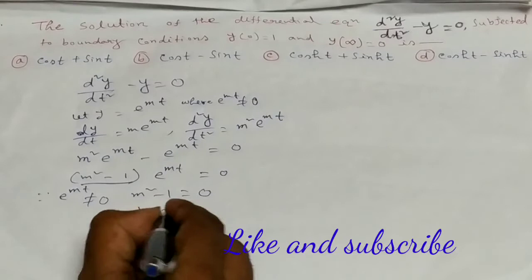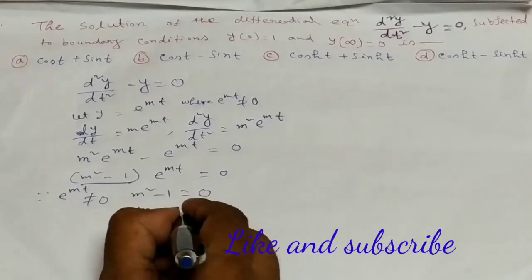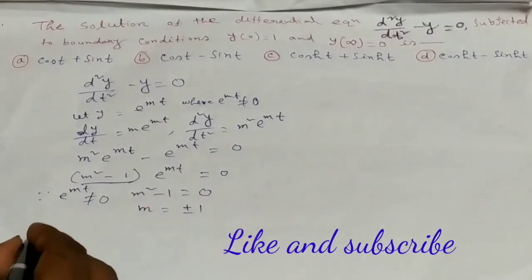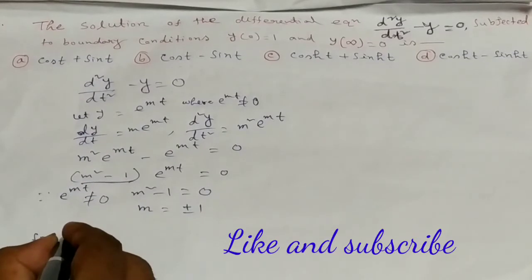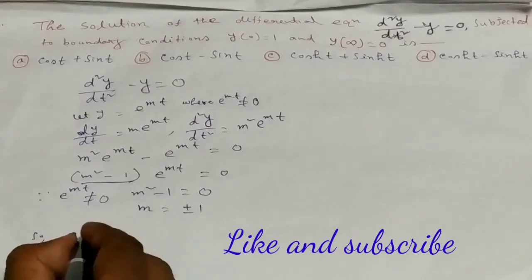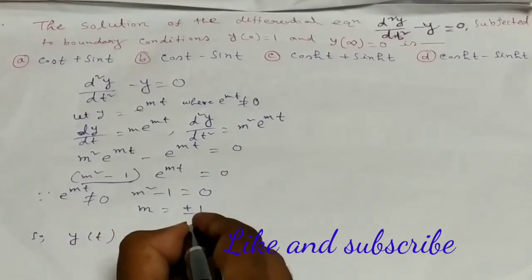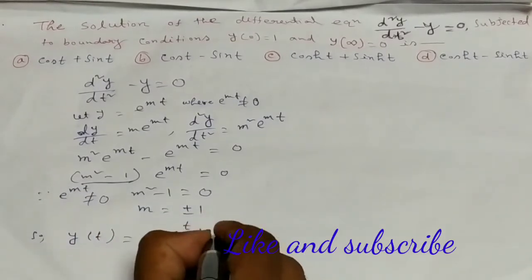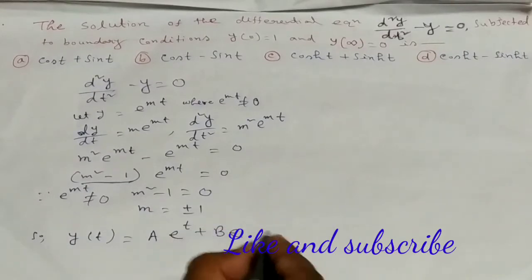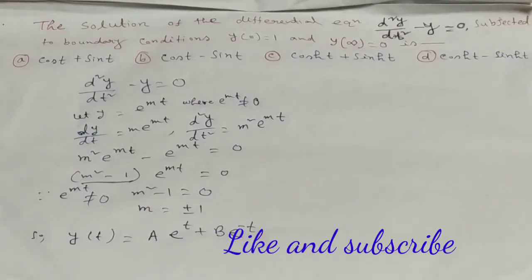So we get the value of m equal to plus minus 1. So the general solution of this equation, y(t), is equal to, let, a e to the power t plus b e to the power minus t.